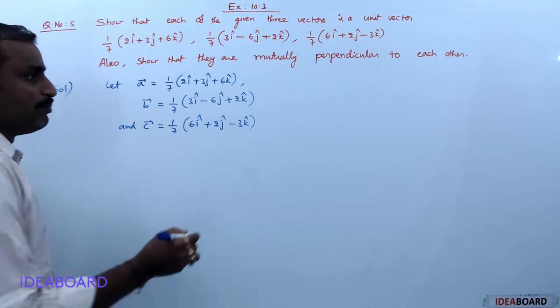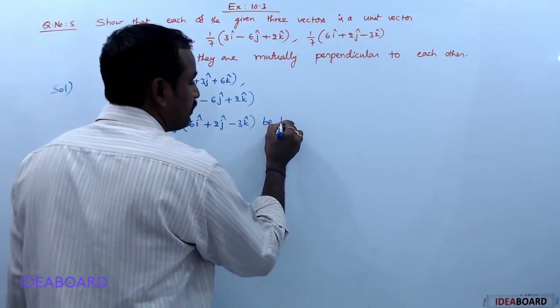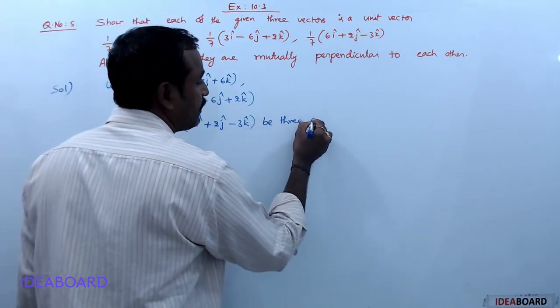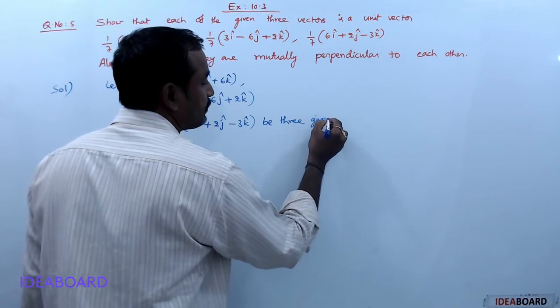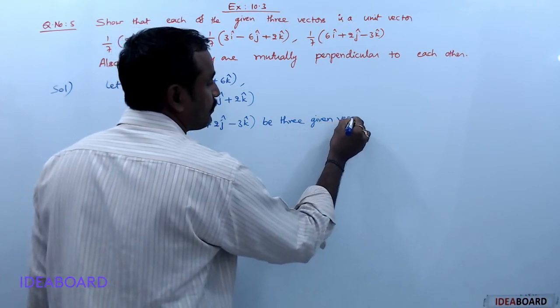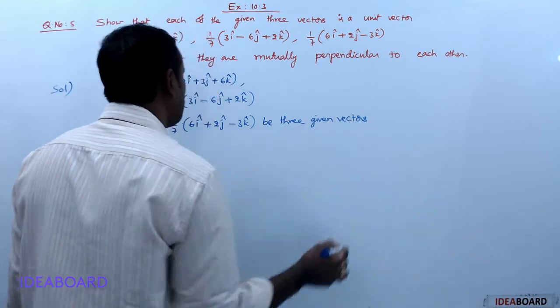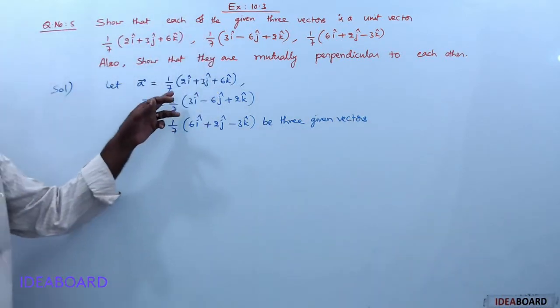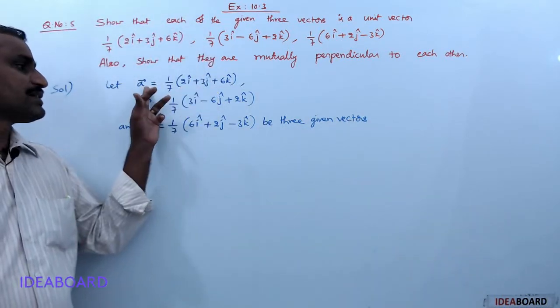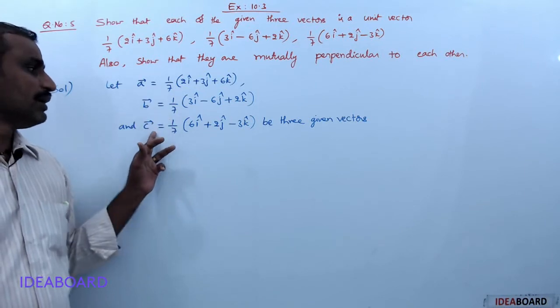These are the 3 given vectors, which we are assuming as a bar, b bar and c bar.